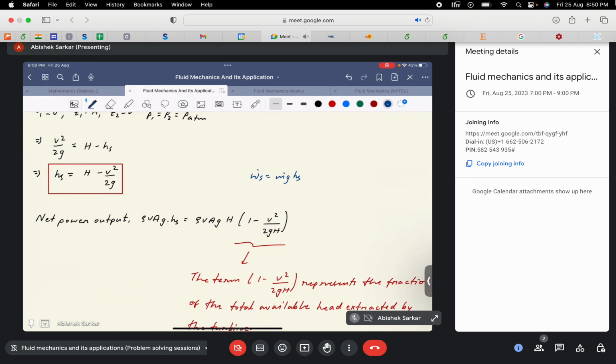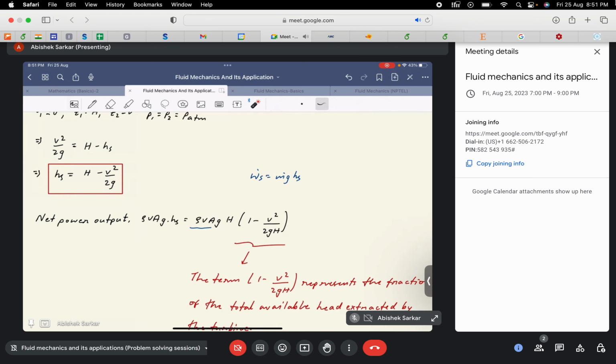So m dot is the mass flow rate, so mass flow rate is equal to rho A v, and g is this, and if we just take h common from this equation, then we get hs is equal to h(1 minus v square by 2gh), okay.